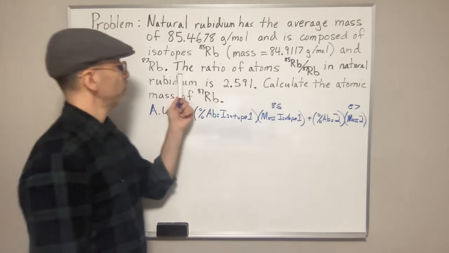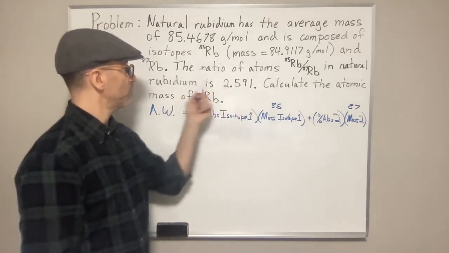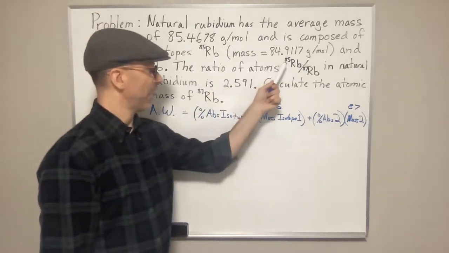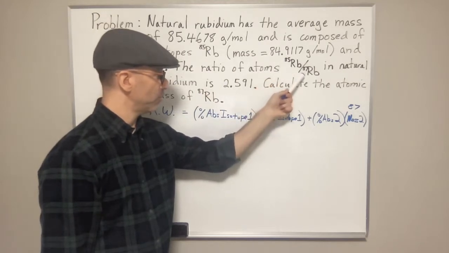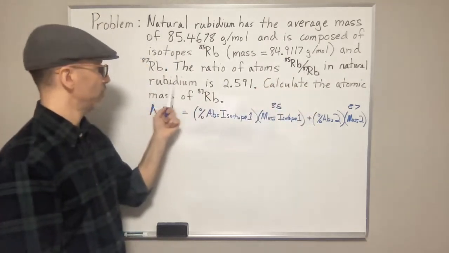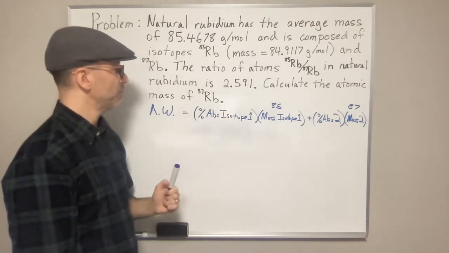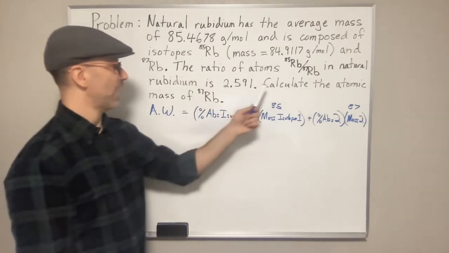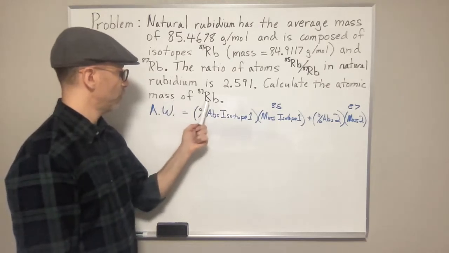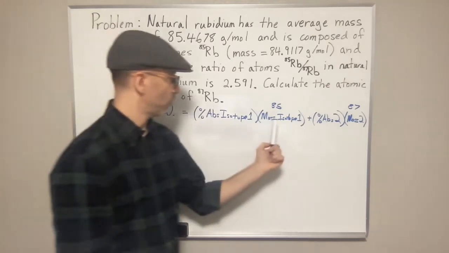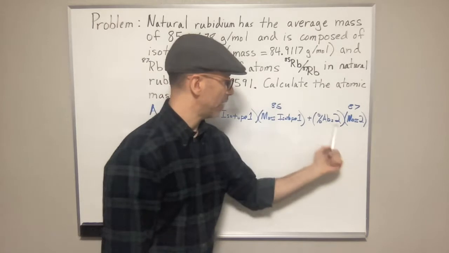and they also give us the ratio of the atoms. So the ratio of the atoms of rubidium-85 to rubidium-87 in natural rubidium is this fraction here. Then they want us to calculate the atomic mass of rubidium-87, so they want us to find this mass here.